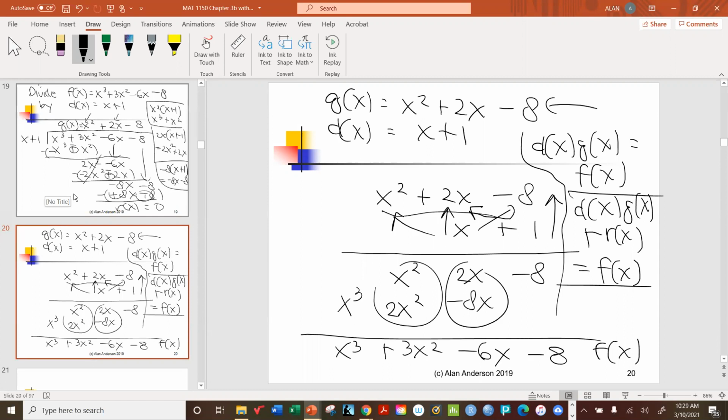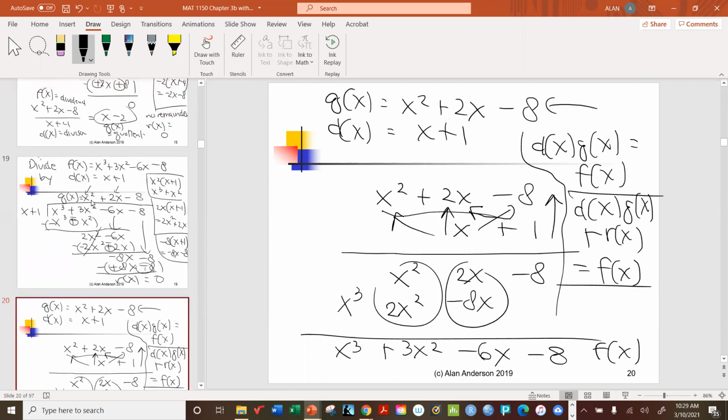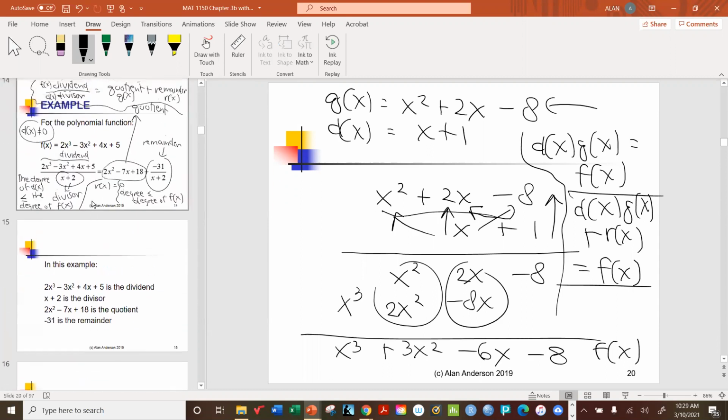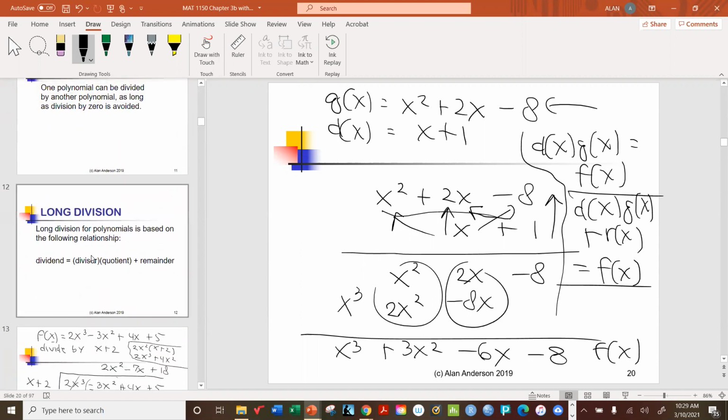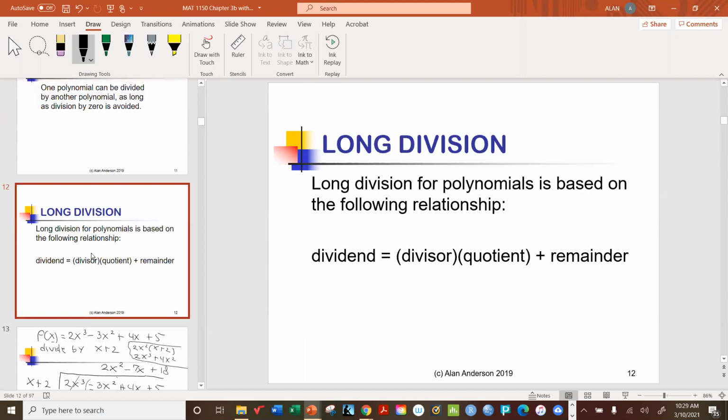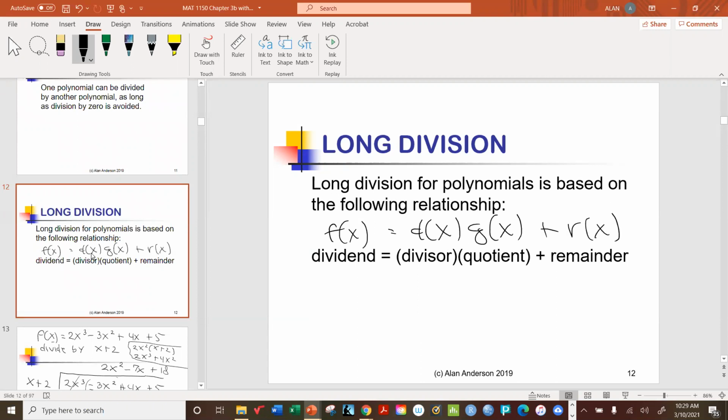In fact, maybe that original expression, remember way back here, we saw this and said, oh, what is going on here? So f(x) equals d(x) q(x) plus r(x). Now all of a sudden it starts to make a little sense, doesn't it? Why, yes, it does.